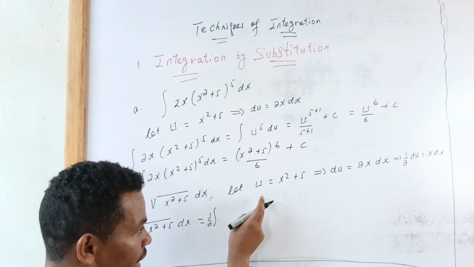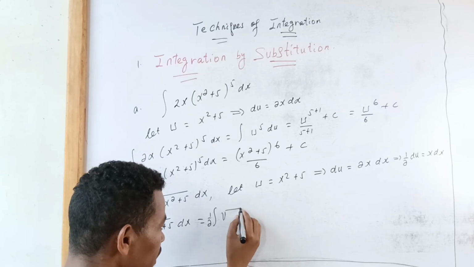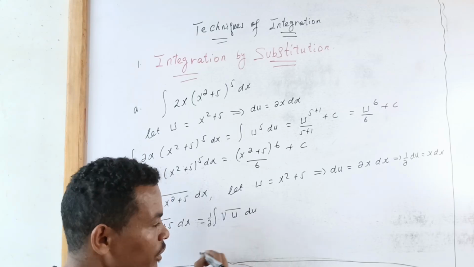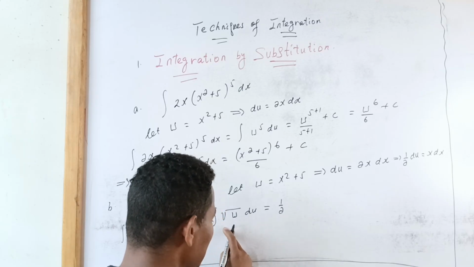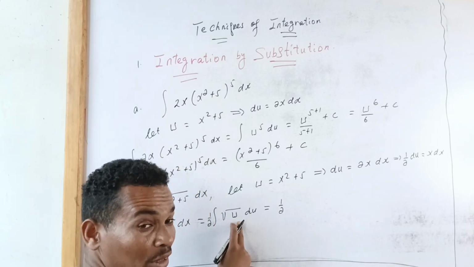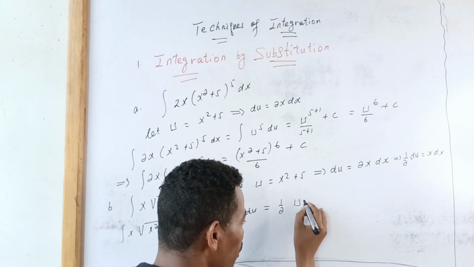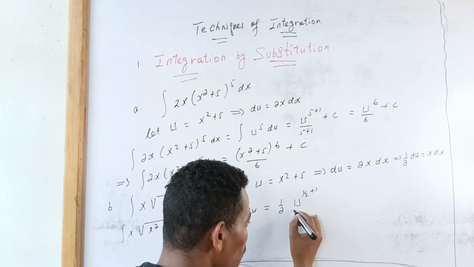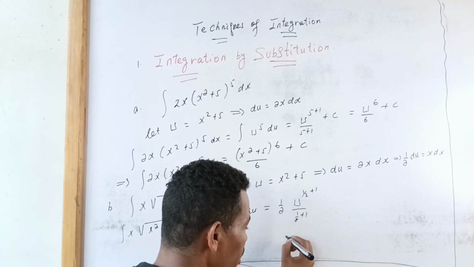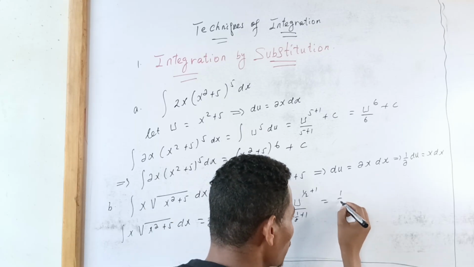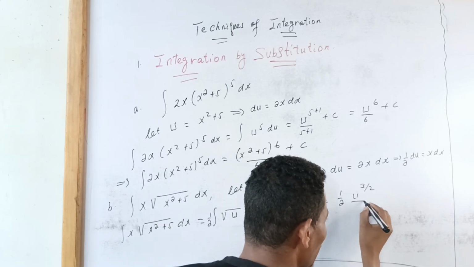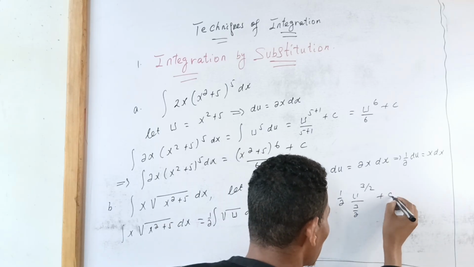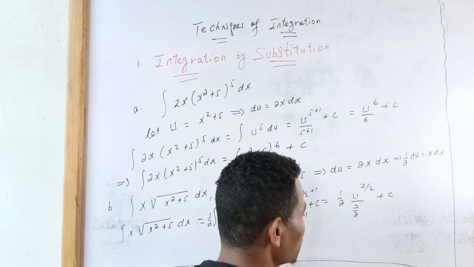Radical x squared plus 5 is radical u, so we get radical u du. This equals 1 over 2 times the integration of radical u, which is u to the power of 1 over 2, that is u to the power of 1 over 2 plus 1 over 1 over 2 plus 1. This is the same as 1 over 2 u to the power of 1 over 2 plus 1, which is 3 over 2, over 3 over 2, plus the constant number c.